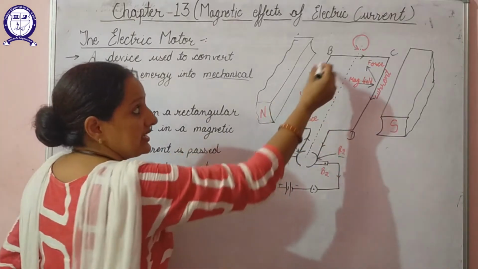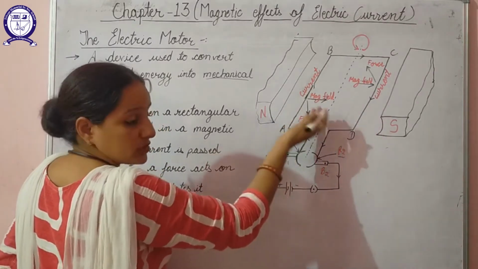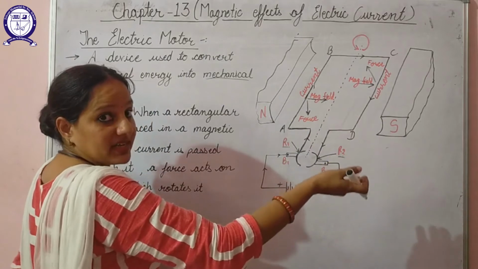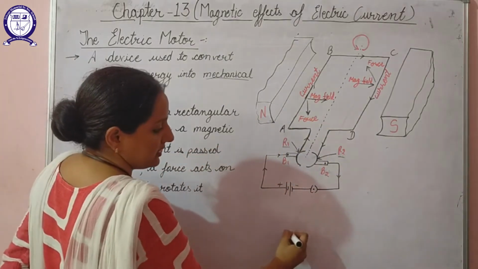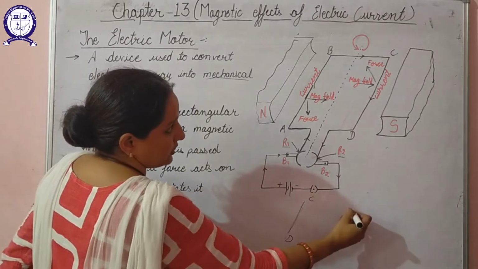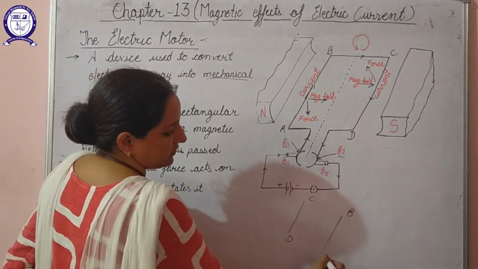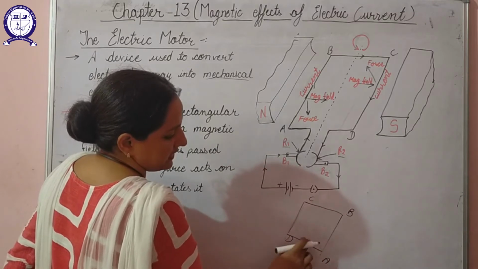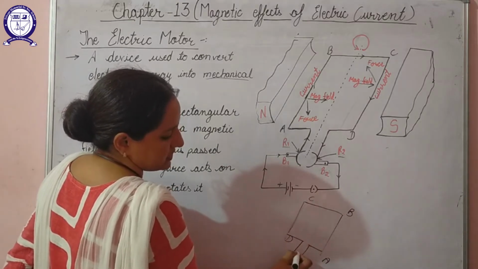That means in the beginning this portion AB was towards the left hand side and CD was towards the right hand side. After half rotation, this will be the portion CD and this will be the portion AB of this coil. That means after half rotation they will interchange their positions.